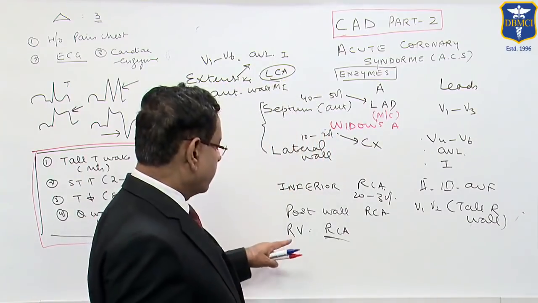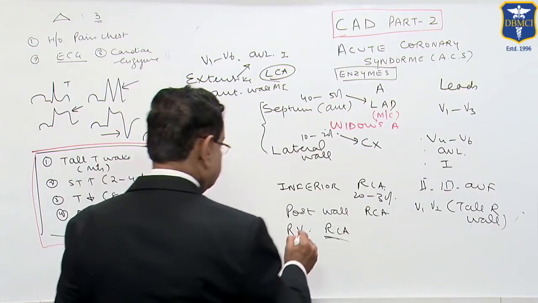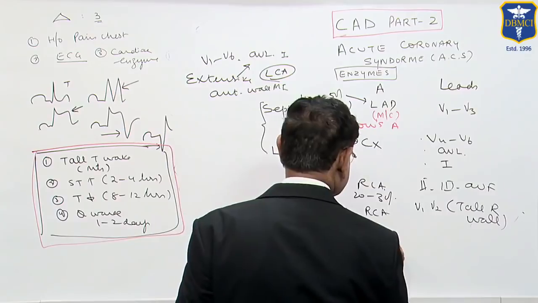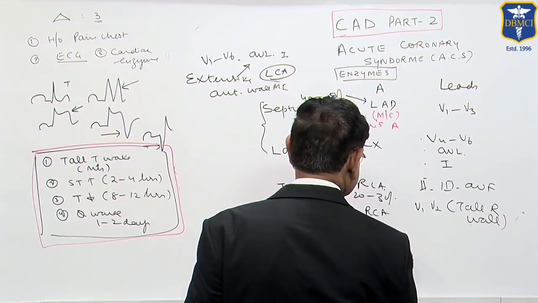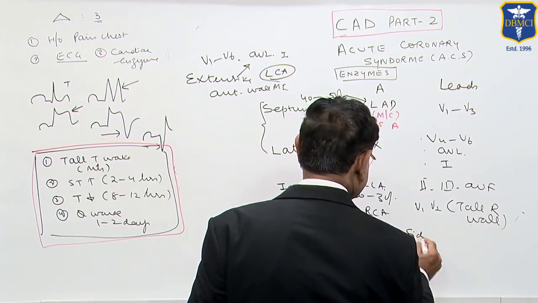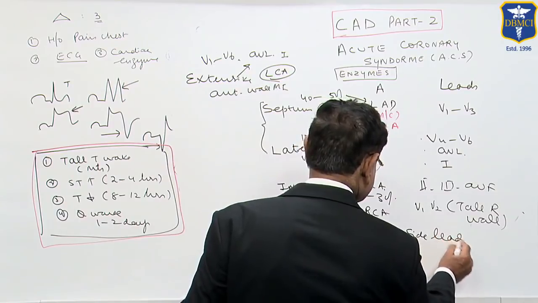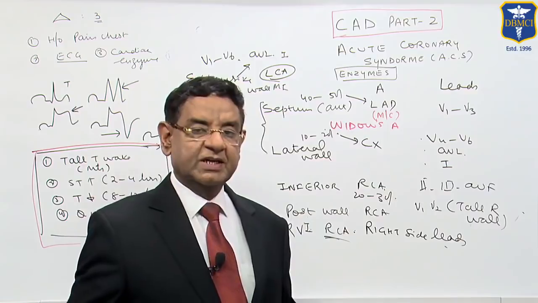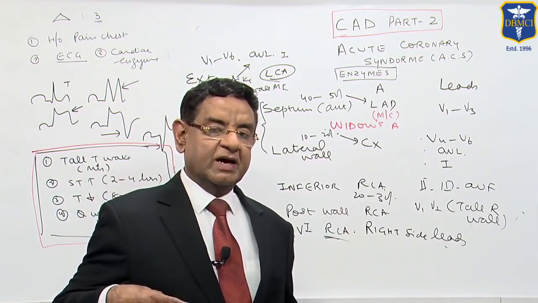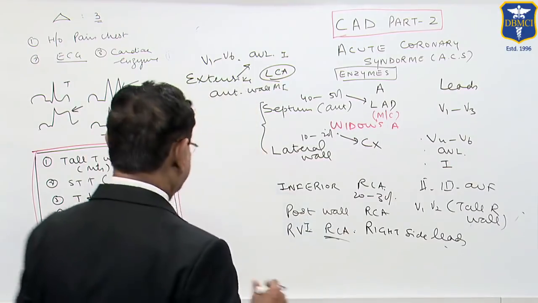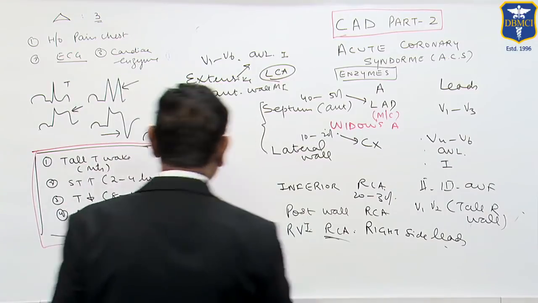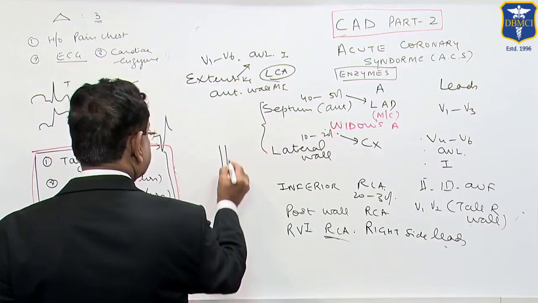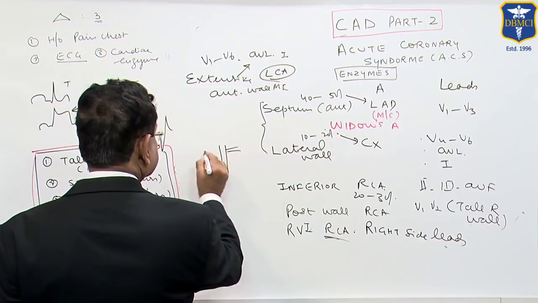When we talk about right ventricular infarction, then we always like to use right sided leads. Now you must know the meaning of right sided leads. Whenever you are suspecting RV infarct, you go for right sided leads. This is the sternum.